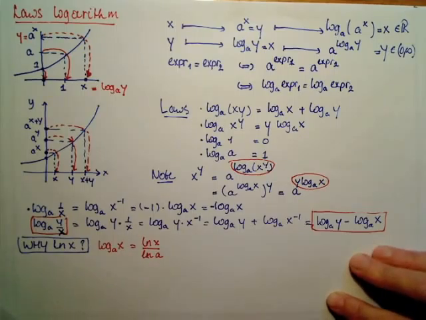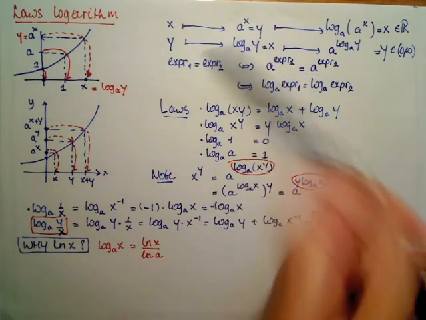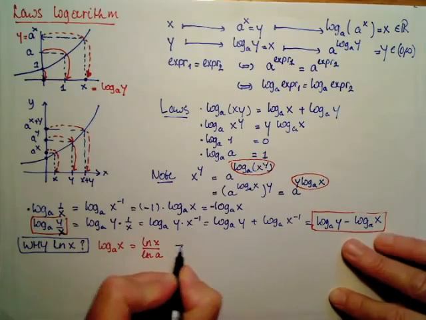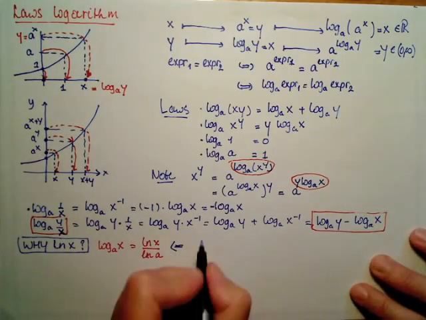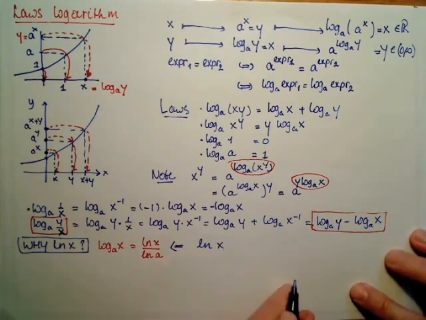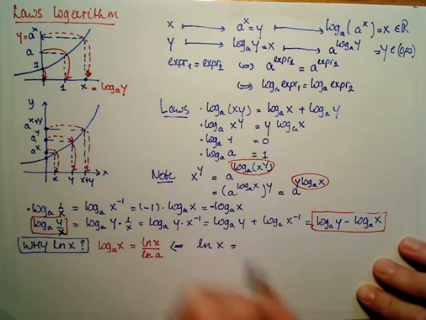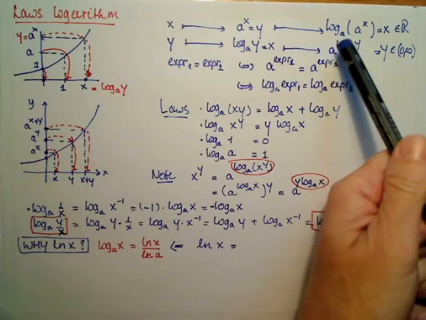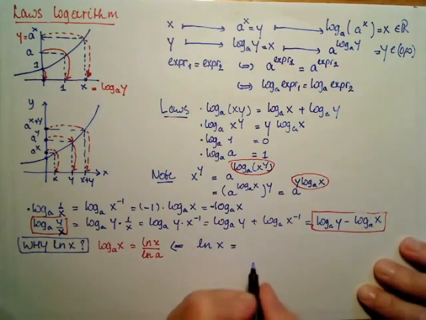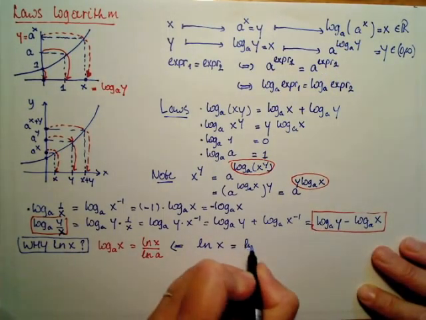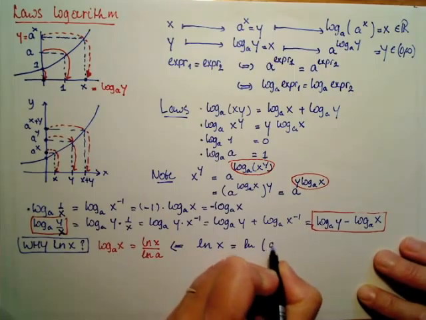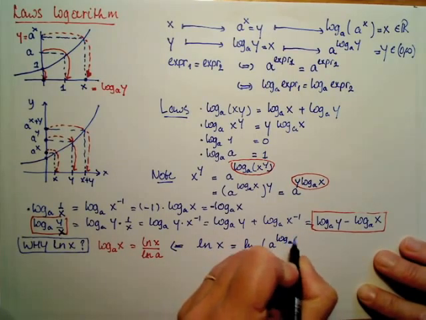Now why is that true? It's again a very nice application of the laws, these expressions which I wrote on top of this sheet. Again, we rewrite the natural logarithm of x. Now we can replace x by a to the log a of x. So we get ln of a to the log a of x.